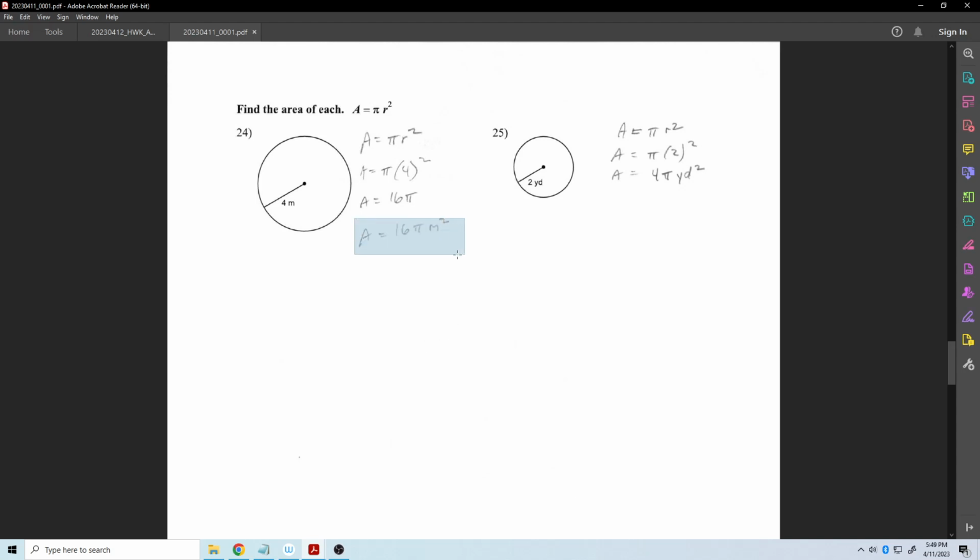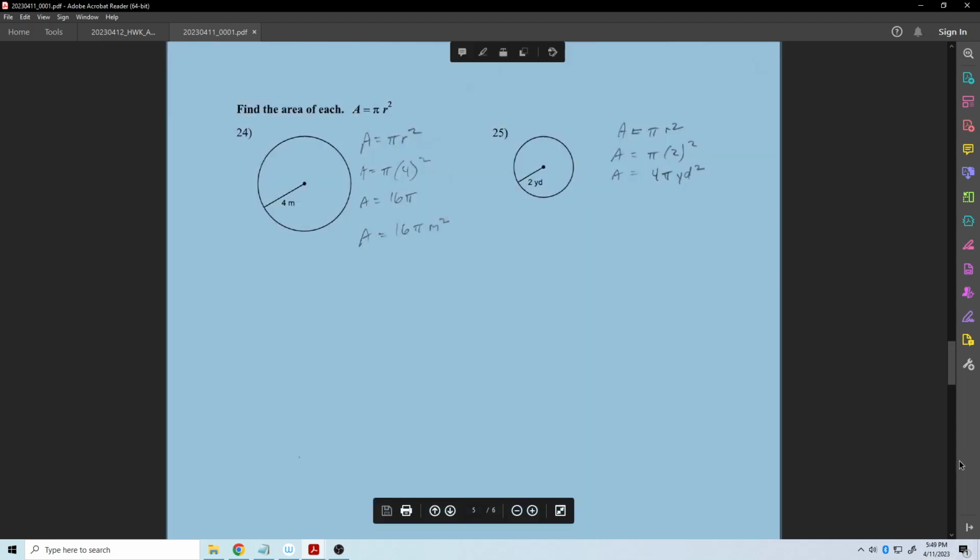If you just leave it like this, 16 pi, I'll accept it. The more correct answer is 16 pi meters squared, with meters squared being the units. I'm not going to ding you if you don't have the units, though. The main point is I want you to understand what the formula is and how to use it to come up with the correct answer. That's it, guys. That was the entire homework assignment. Nothing too bad. Angles, and then 2D area.